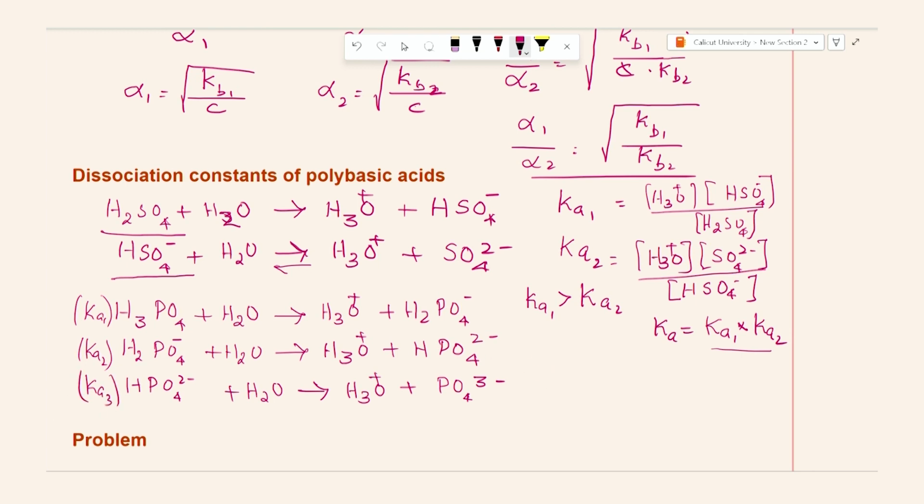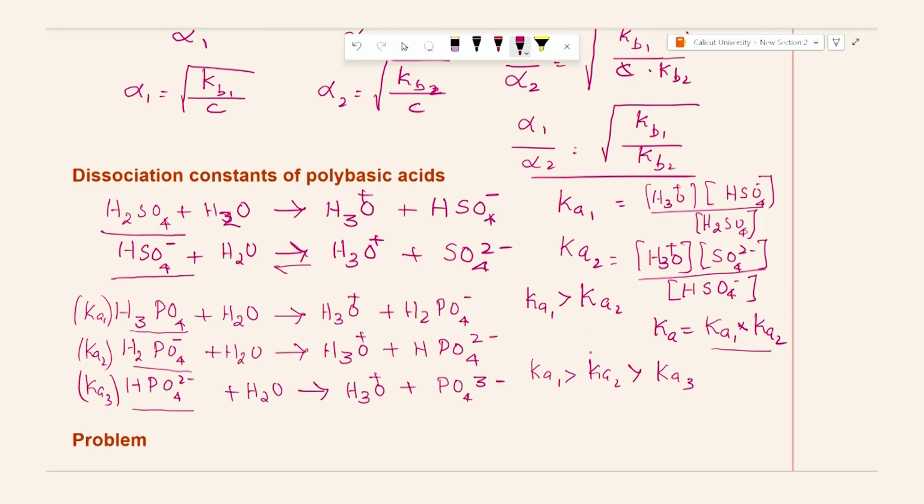Now, again as in the above case, it has been found that Ka1 is the highest value, greater than Ka2, which in turn is greater than Ka3. The same explanation applies here, because in the first case the ionization is from a neutral one, in the second case it is a uninegative one, in the third case it has 2 negative charges.